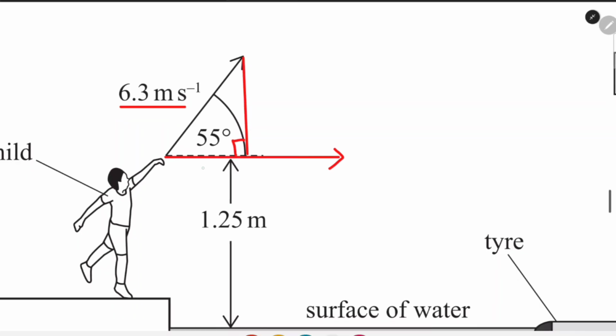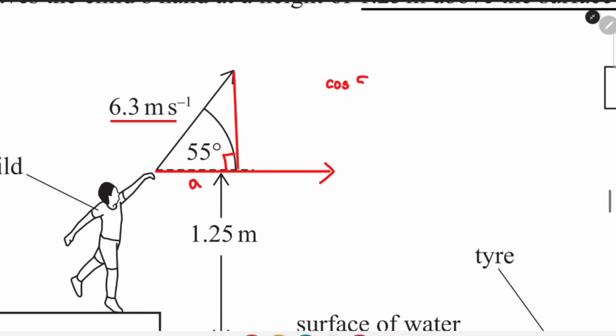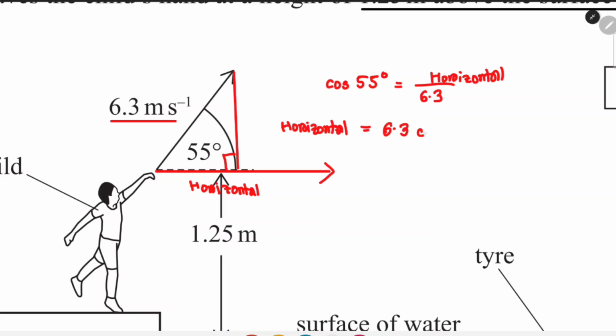The horizontal component is the adjacent one, so cos 55 will be the horizontal component divided by the hypotenuse, which is 6.3. So the horizontal component will be 6.3 cos 55 degrees.